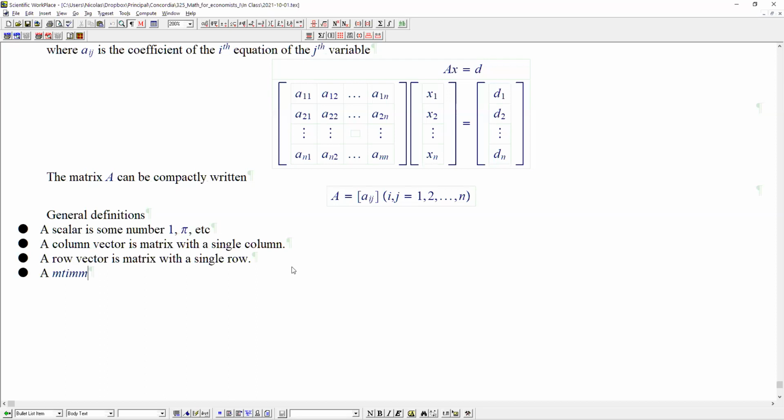An m by n matrix is an array with m rows and n columns. We may write it A m times n.